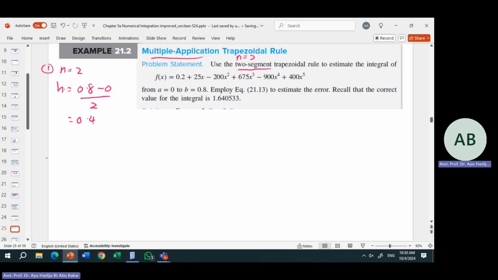Okay, so that is your h. Next, find your points. x0 is your a, which is 0. x2 is your b, which is 0.8. Alright, x1 is 0.4.